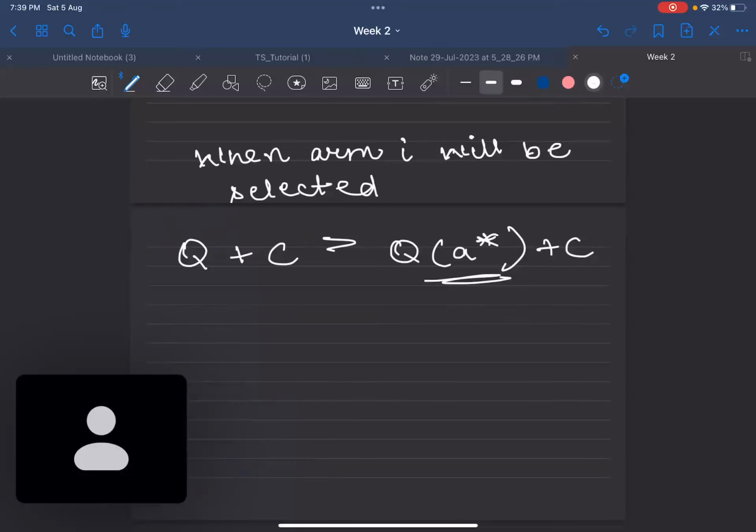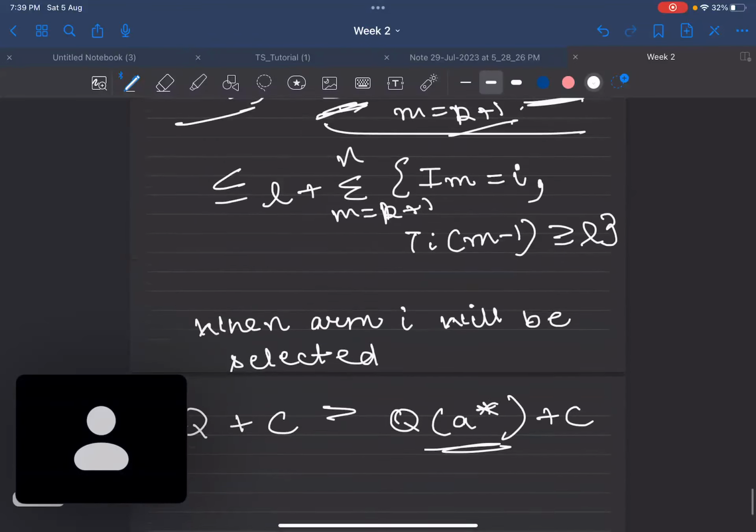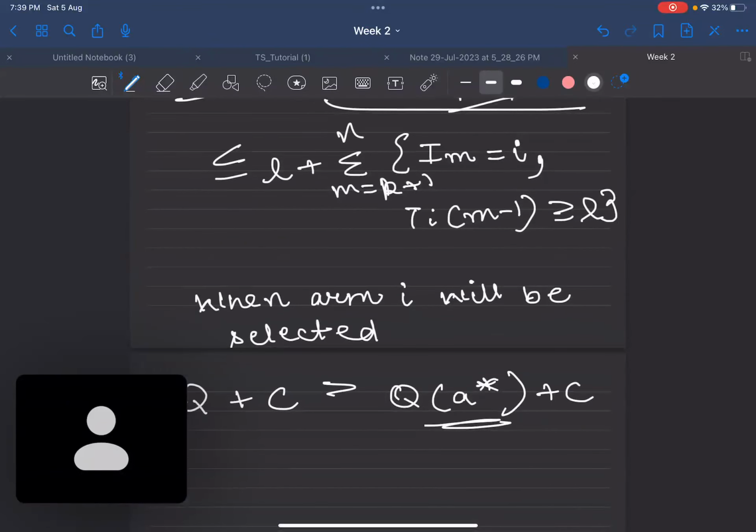Yes, ma'am. So that is what it should be greater than. You are right. Arm I will be selected when it is greater than all the arms. Or if I'm saying that arm I is greater than the optimal arm, then arm I is selected. Both are the same. Can I go to this term?